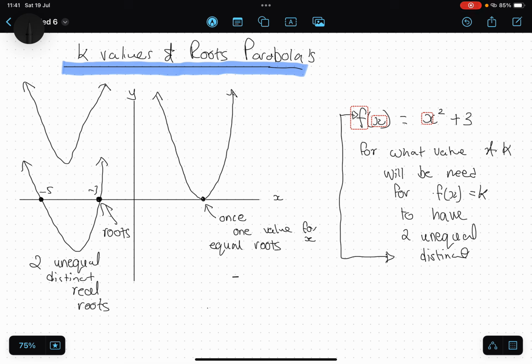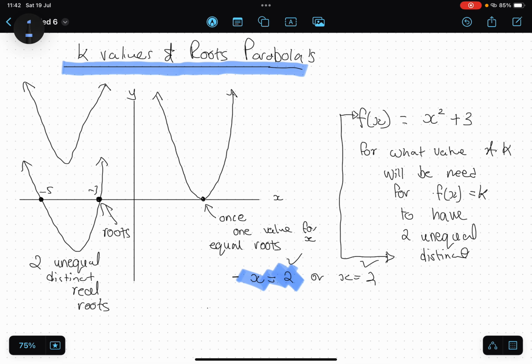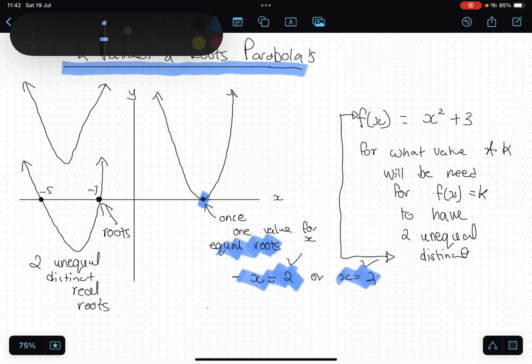Whenever you get exactly the same x value, you have equal roots, and it basically means one value for x.